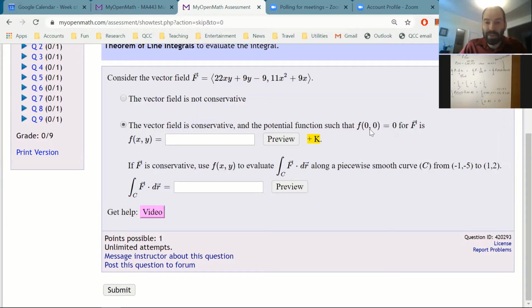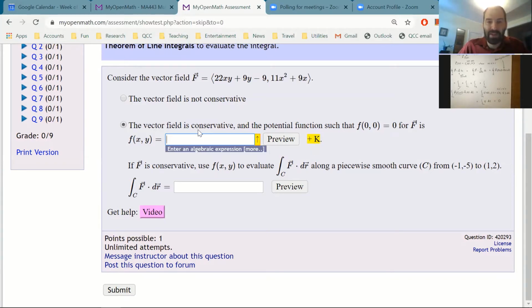Okay, so with this condition, there's only one potential function, and that's the one they want you to put into this box. The plus k illustrates the fact that to get from this potential function to any other potential function, you could just add a constant. And that's why they're writing plus k over here. So I just wanted to point out what that was about.